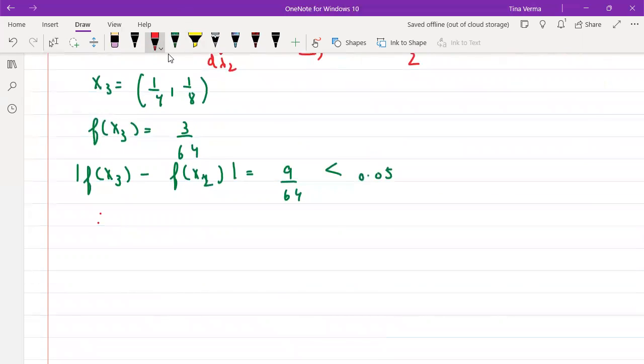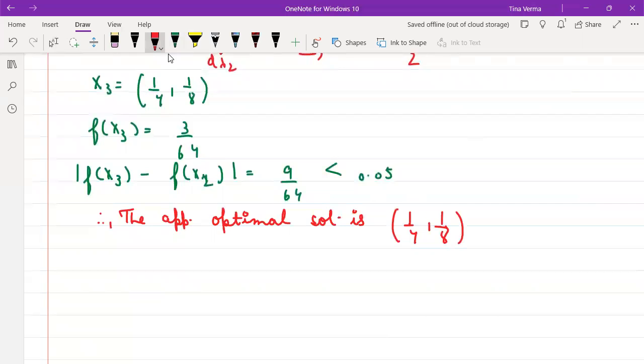Therefore, the approximate optimal solution is your point 1 by 4, 1 by 8, and you can find the minimum value of this function by just substituting, that is your 3 by 64. Clear? Yes or no? Clear to all? So this is all about your search techniques.